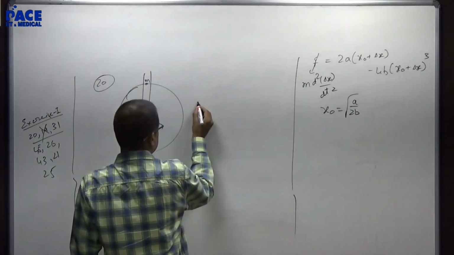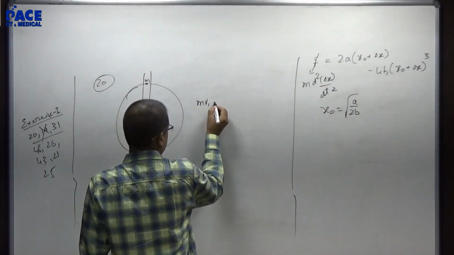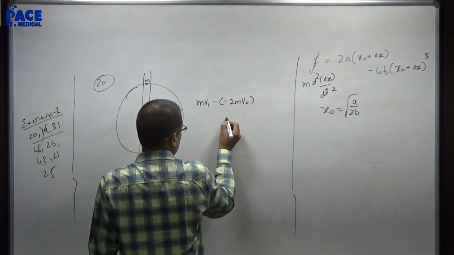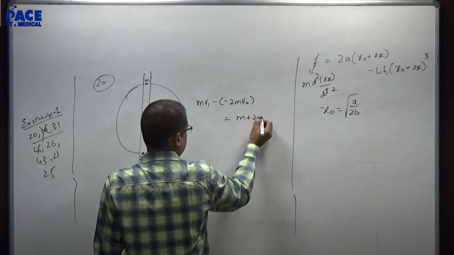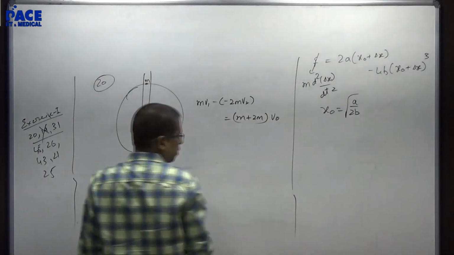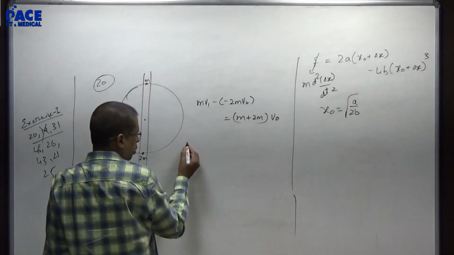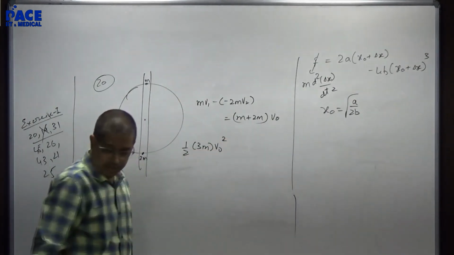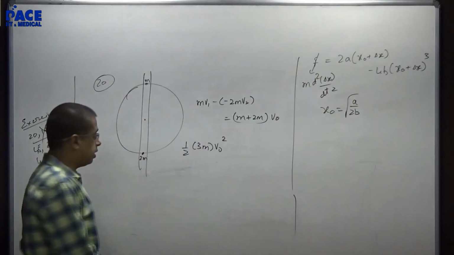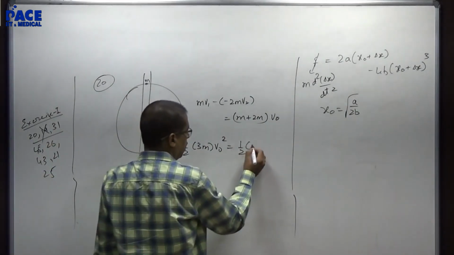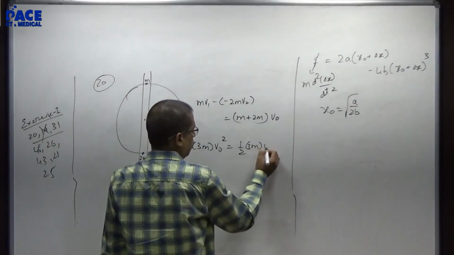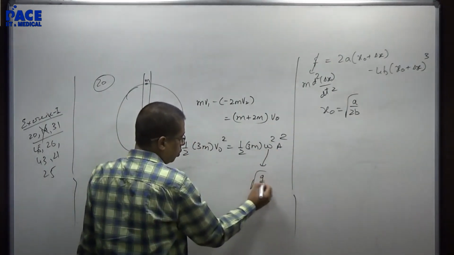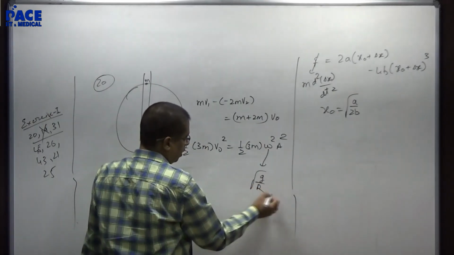Collision, conserve momentum, m into v1 minus 2m into v2 will be equal to m plus 2m into v0. Once I get this v0, half 3m into v0 squared, perfectly inelastic collision. Equate this to half 3m omega square a square. Omega you know is under root g by r.